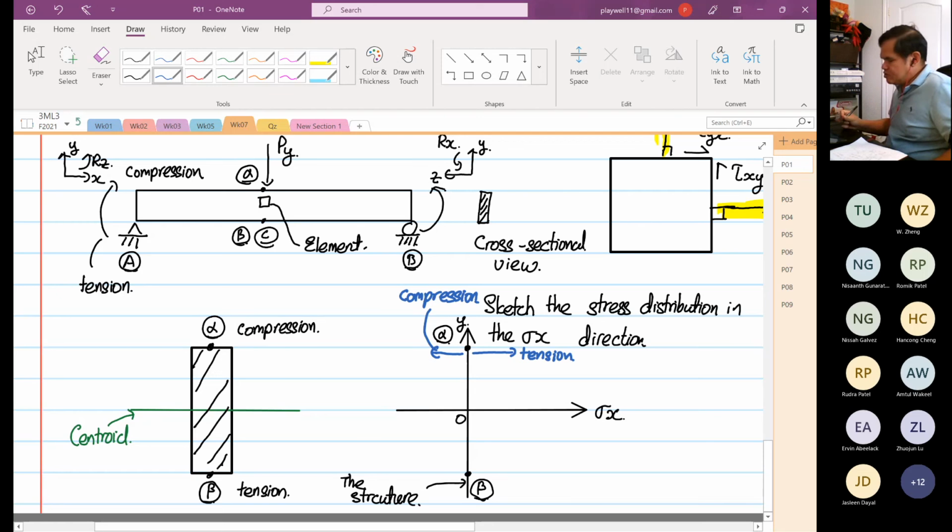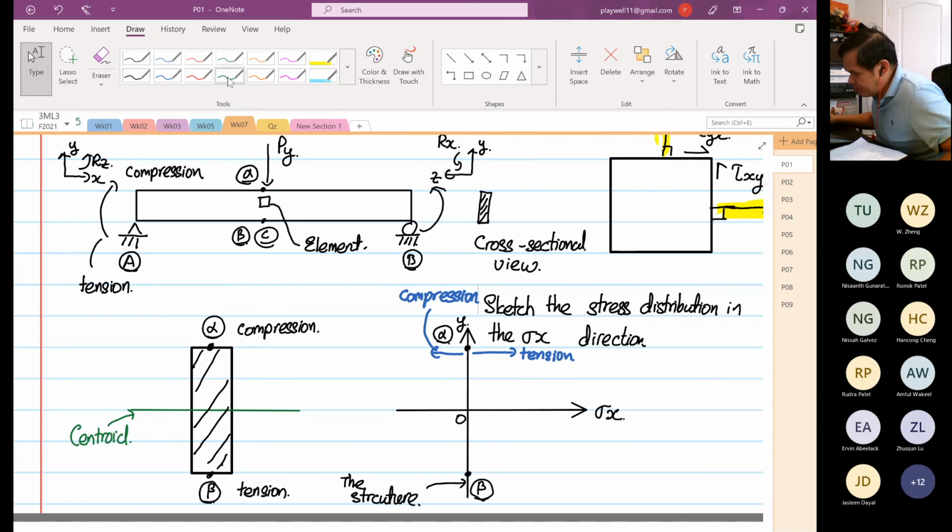We know that. So now if I were to sketch the stress distribution, we know that at point alpha is under compression, at point beta is under tension. So the graph will look like this.